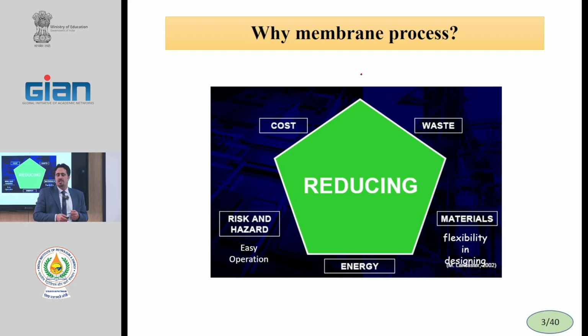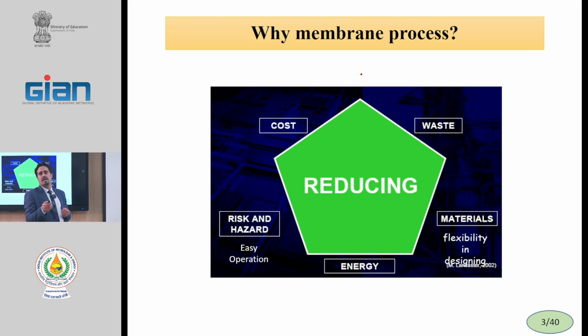In membrane separation, we usually have no dangerous waste. In membranes, we have a permeate and we have a concentrate. This concentrate is a problem in membrane processes, but we do not produce new dangerous waste or use dangerous and toxic chemicals.